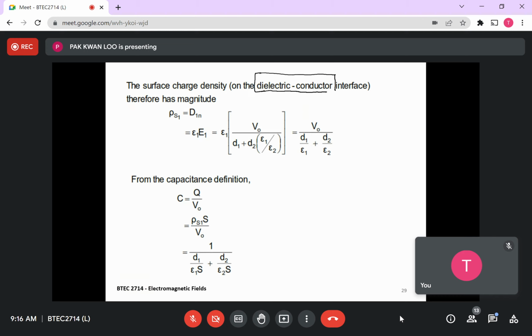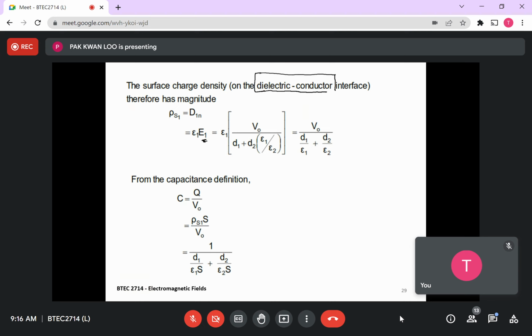So applying Gauss's law at this interface will give us a result that the surface charge density is equivalent to the electric flux density, and the electric flux density is related to epsilon 1 multiplied by the electric field.